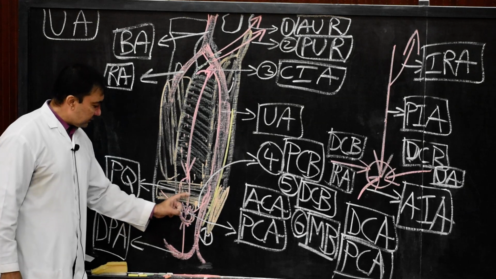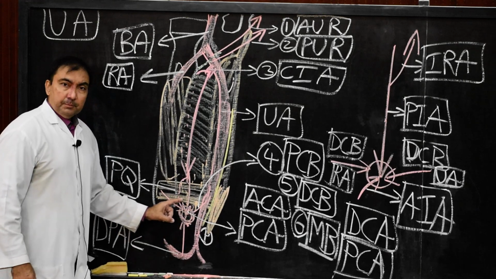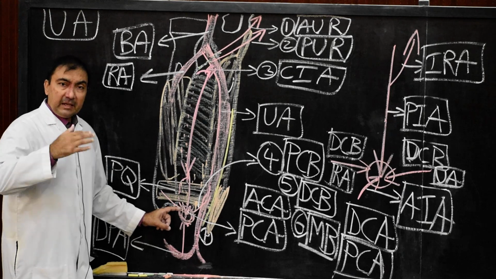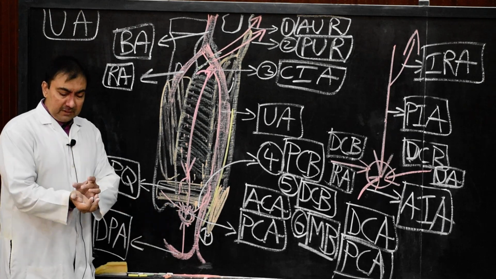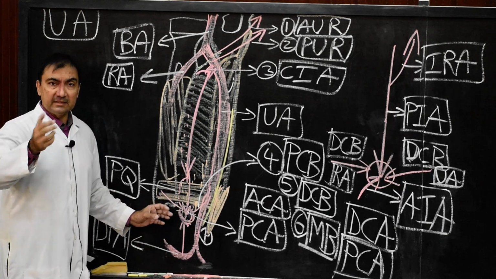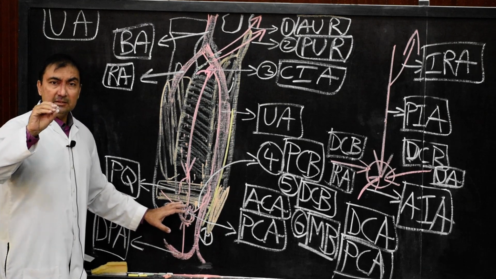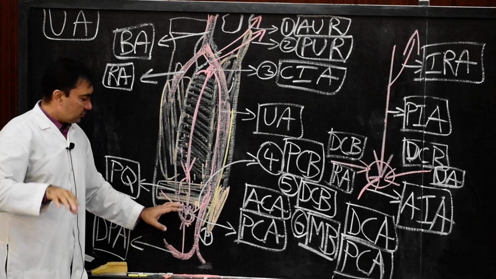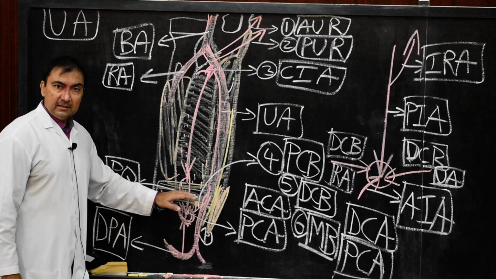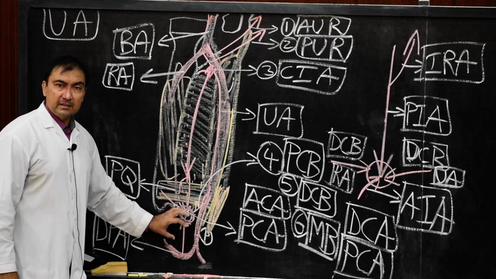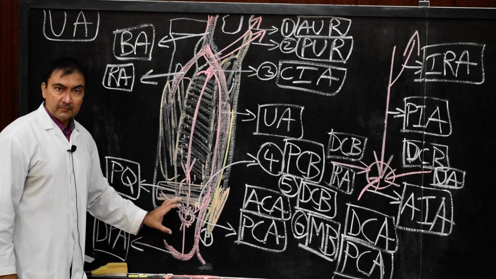So these 4 arteries will form the palmar carpal arch or anterior carpal arch, which is lying in front of the lower end of the radius and ulna. From this, there will be various branches which will supply the lower end of the radius and ulna, and also the carpal bones.